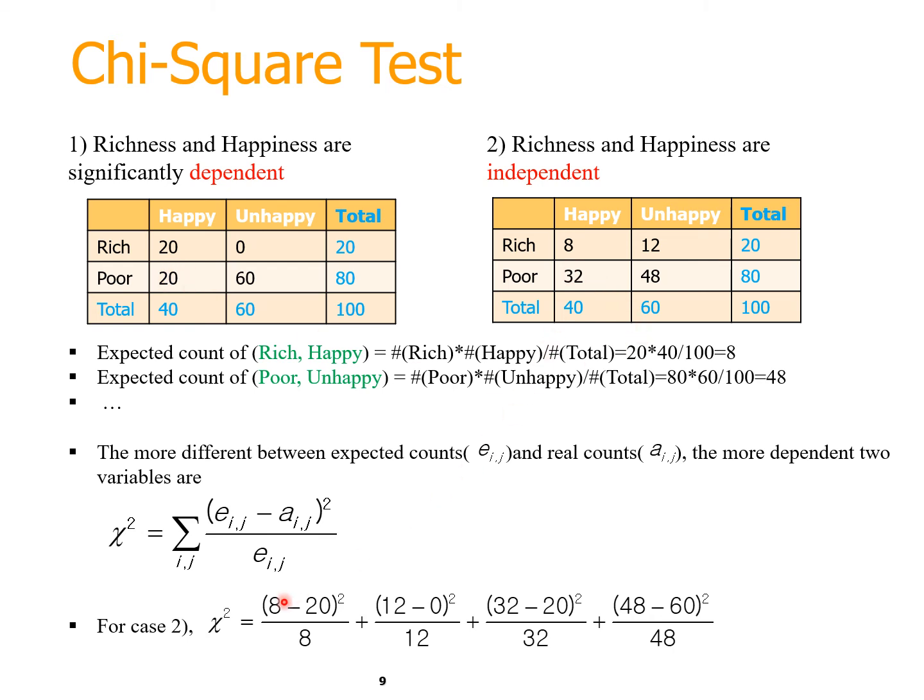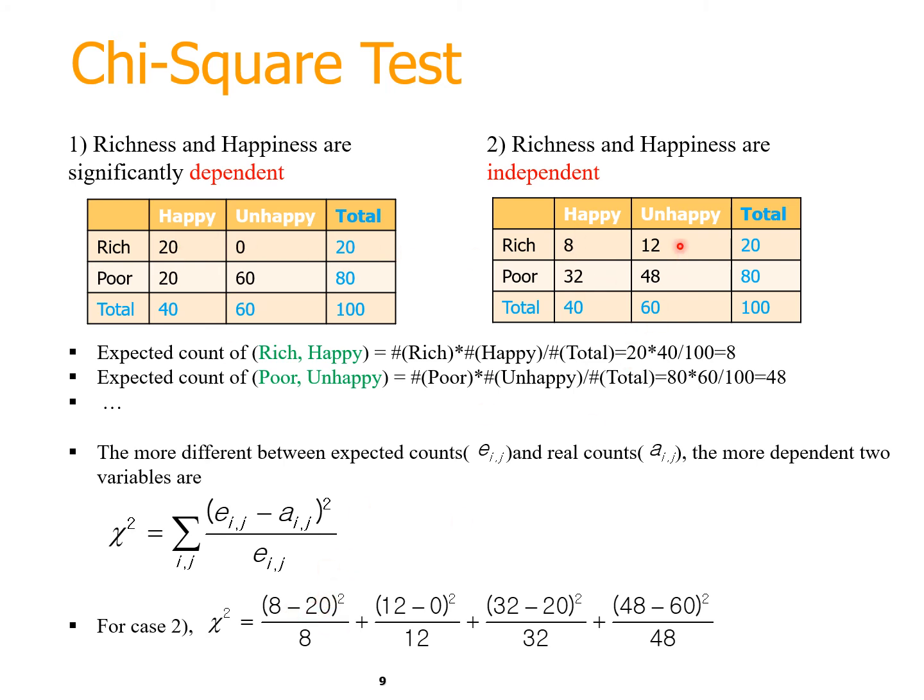Then you divide by the expected value of each. So each value is divided by this, like this, and finally you do summation for every combination ij. That's chi-square. So for this particular case, rich happy: expected count is 8, actual count is 20.